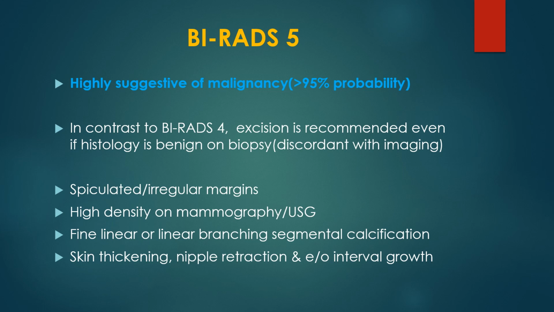They can have fine or linear branching calcifications distributed in a segmental location, skin thickening, nipple retraction, and there may be interval growth of the lesion. Important to note that, compared to a BI-RADS 4 lesion, whether the biopsy comes back benign or not, these lesions have to undergo excision biopsy for confirmation. So BI-RADS 5 lesions are highly suggestive of malignancy.